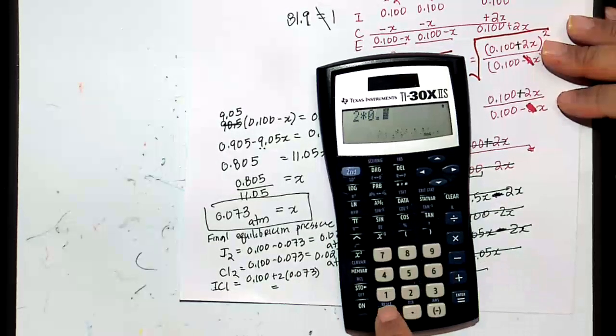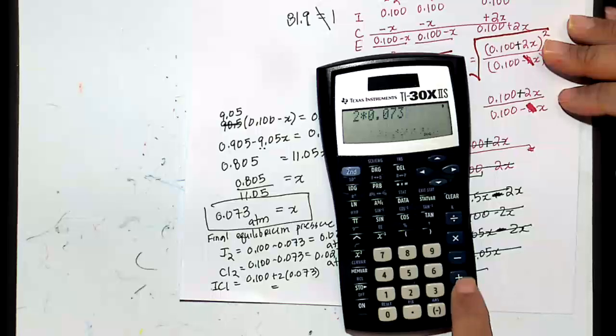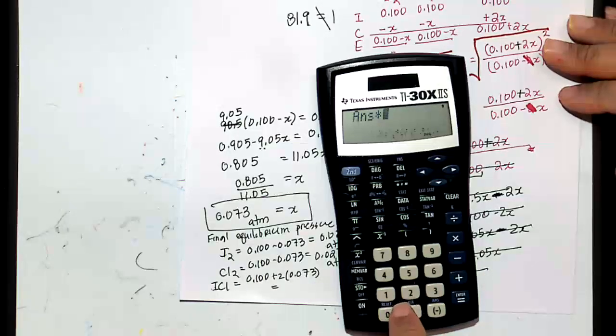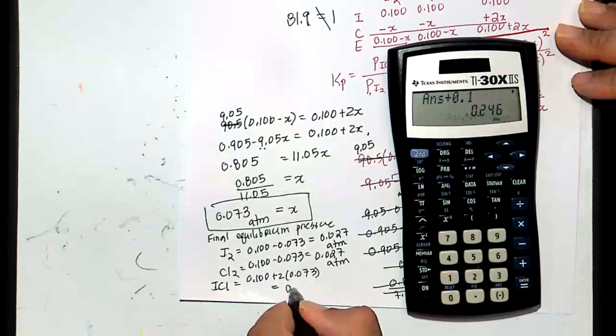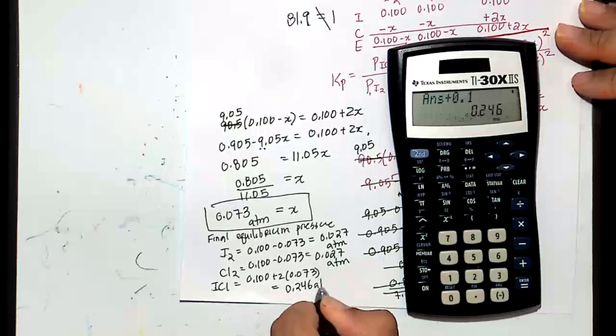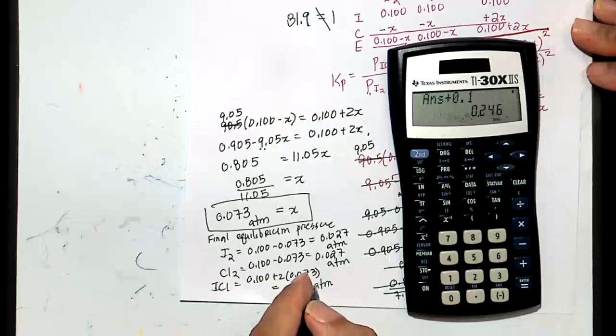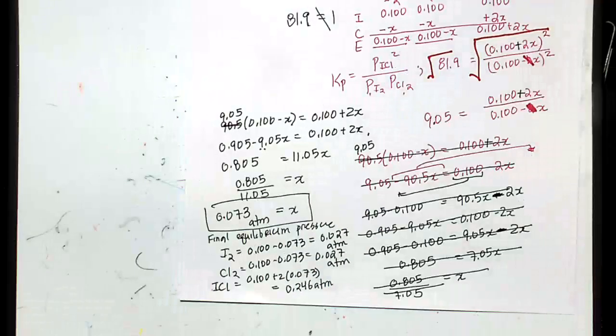And what is that on our calculator? 2 times 0.073, okay, plus 0.10, 0.246. Okay. Is that what you got, Carolina? Something close to this? Okay, good.